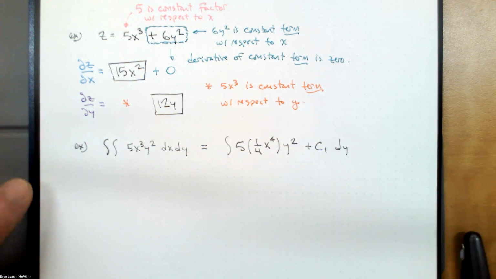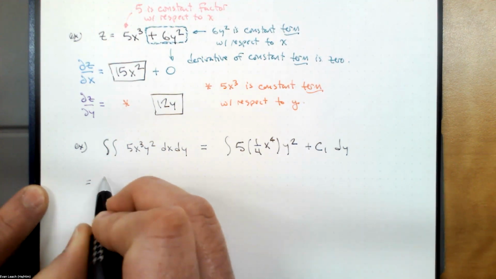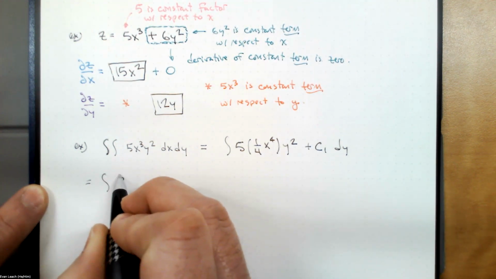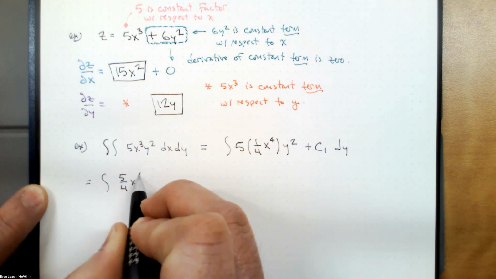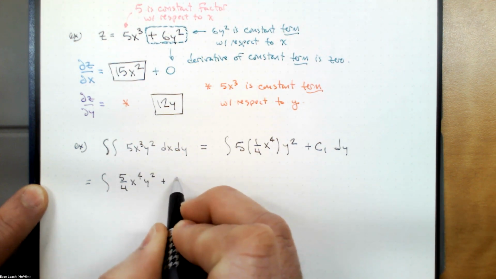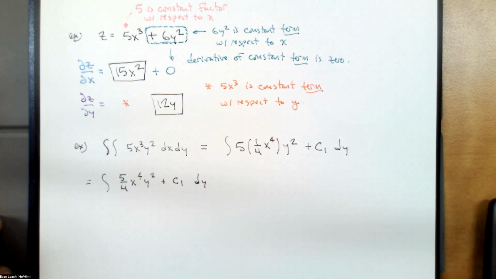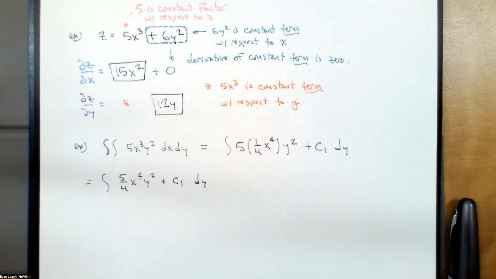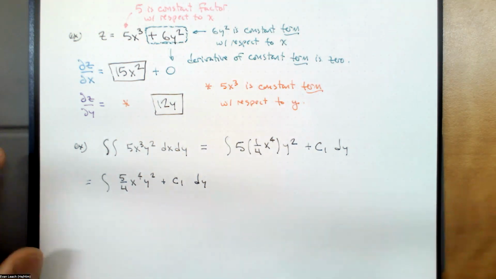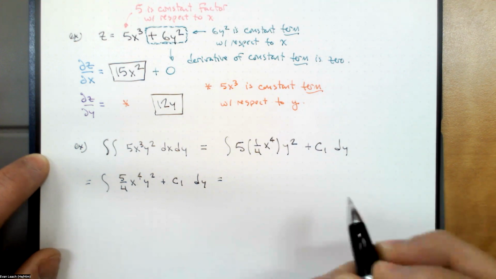I'm going to clean this up because this is kind of a mess. So I want to integrate with respect to y 5/4 x to the 4th y squared plus C1, whatever that happens to be, dy. So now what's the integral of 5/4 x to the 4th y squared plus C1 with respect to y? Don't be fancy.